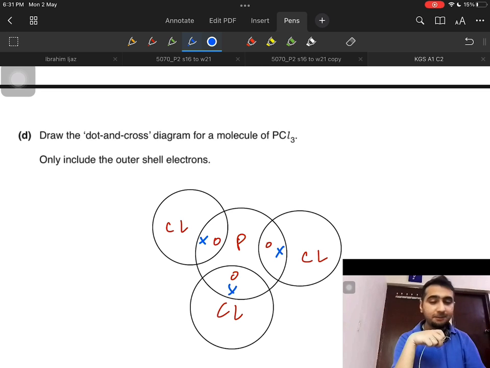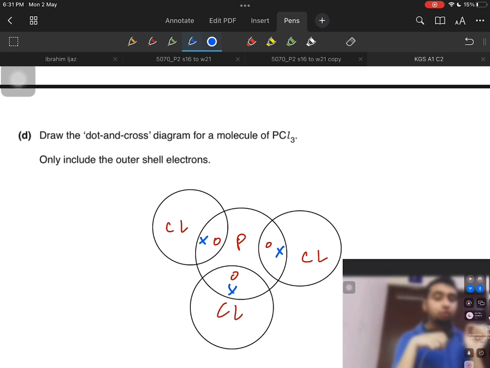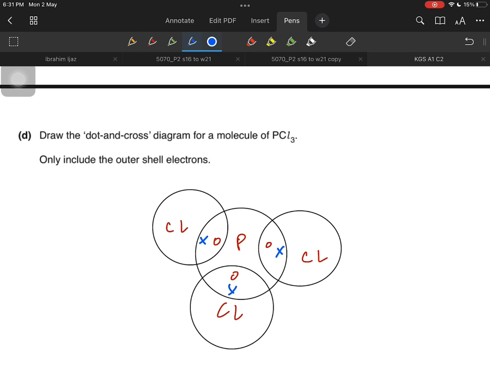People do this and they're happy about their answers. Guys, you need to make sure you don't forget the lone pairs, or you can say the unbonded electrons. Phosphorus is in group 5. You drew only 3 dots. There have to be 2 more dots. So there are 2 electrons of phosphorus which are not involved in bonding right now.